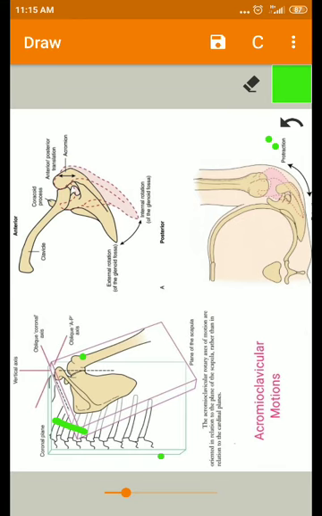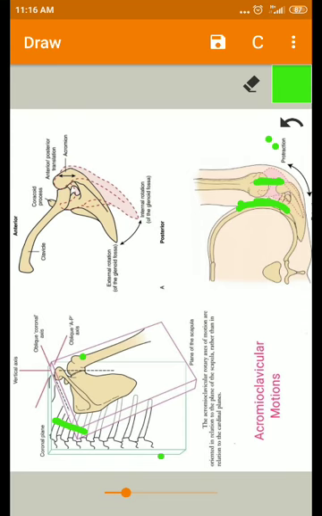In this picture you can see, whenever the clavicle protracts, the scapula is moving. The scapula is rotating internally on the horizontal curvature of the thorax.